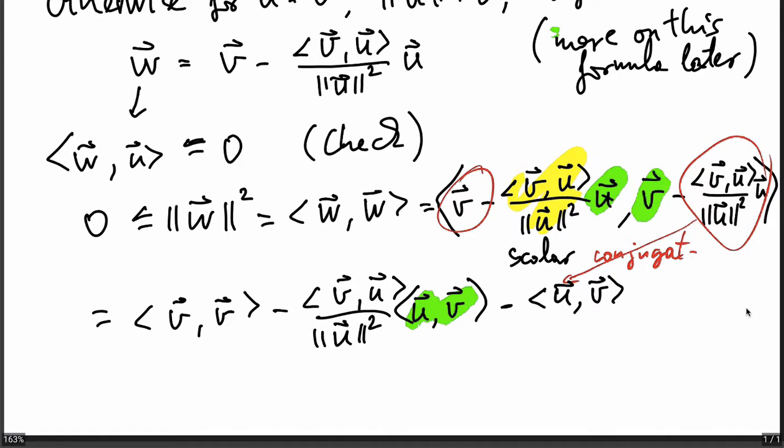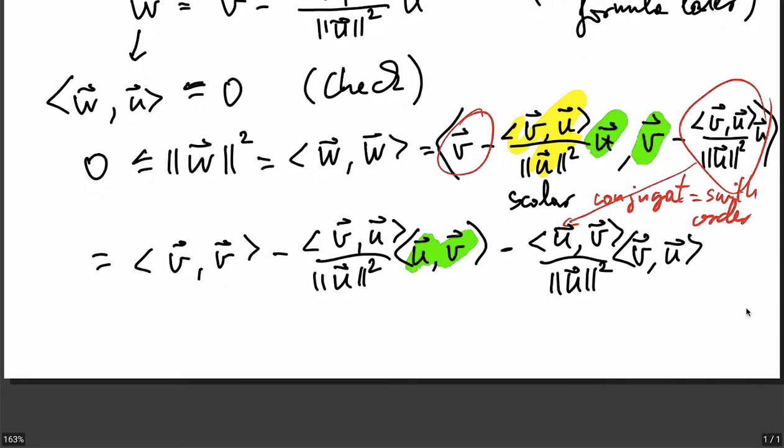So conjugate equals switching order. In the denominator, this is a scalar, a real number, which is positive, so that doesn't change. And then we have V U inner product in this order.